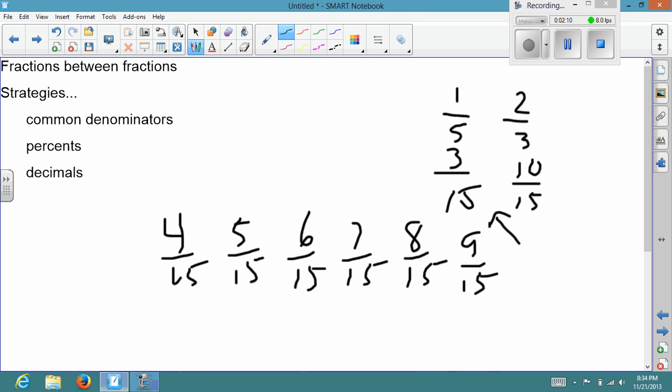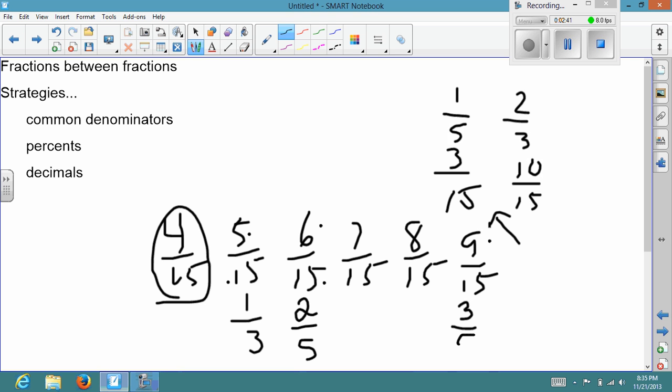Now, if you'd like, you can simplify these. This one cannot be simplified, but this one is 1/3 because I factored out a 5 and a 5. This one has a common factor of 3, so 6 divided by 3 is 2, 15 divided by 3 is 5. 7 and 15 cannot be simplified. 8 and 15 cannot be simplified. 9 and 15 have a greatest common factor of 3, so 9 divided by 3 is 3, and 15 divided by 3 is 5.